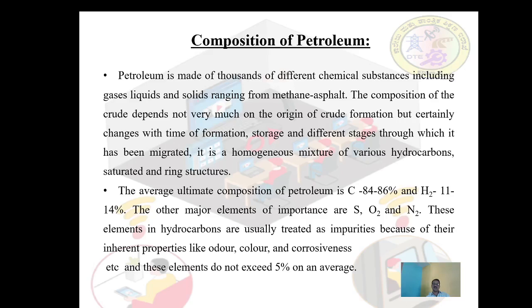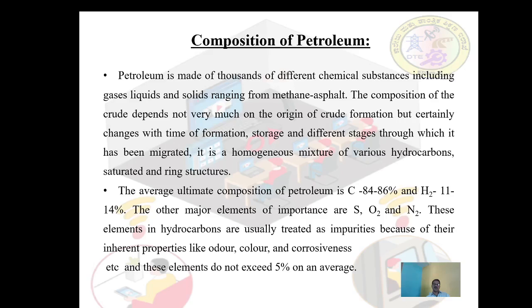Then we'll discuss the composition of petroleum. You know that petroleum is made of thousands of different chemical substances, including gases, liquids, and solids, ranging from methane to asphalt.